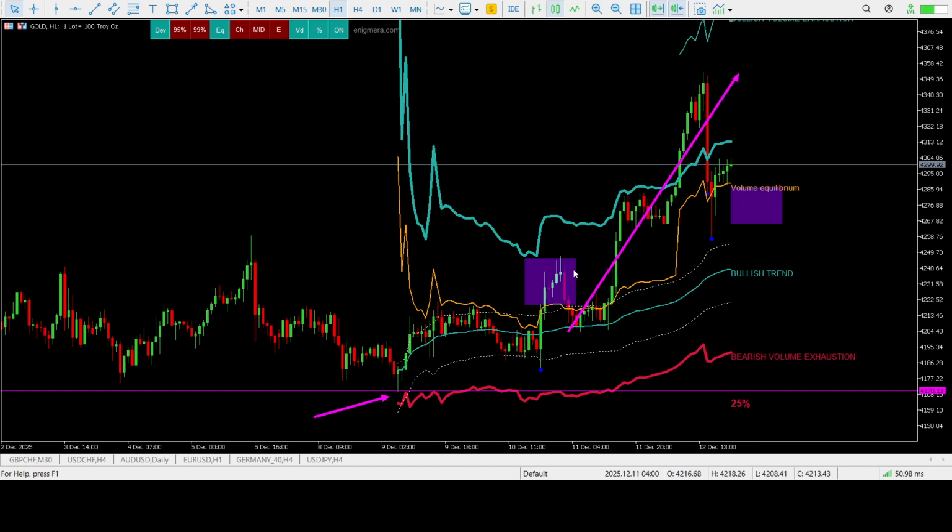If we got volume over the equilibrium, for example here, in most of the cases it will be enough for the market to proceed further up without chasing liquidity below the equilibrium or below the bullish trend line. So in this respect, if we got a volume here, the market can correct only to the equilibrium line and proceed further up, or to the bullish trend line and proceed further up.